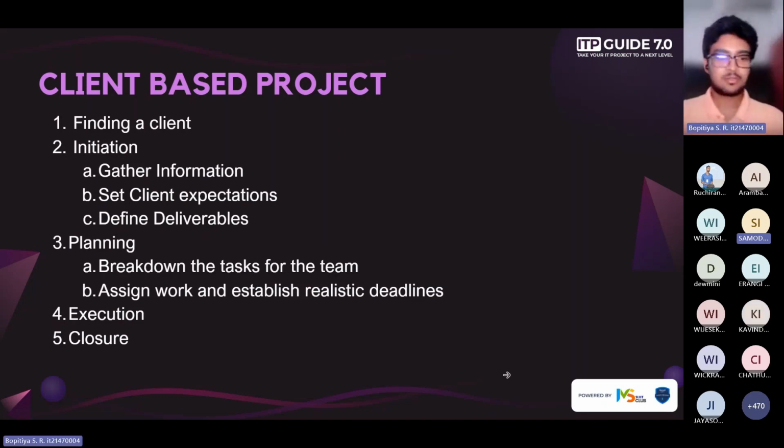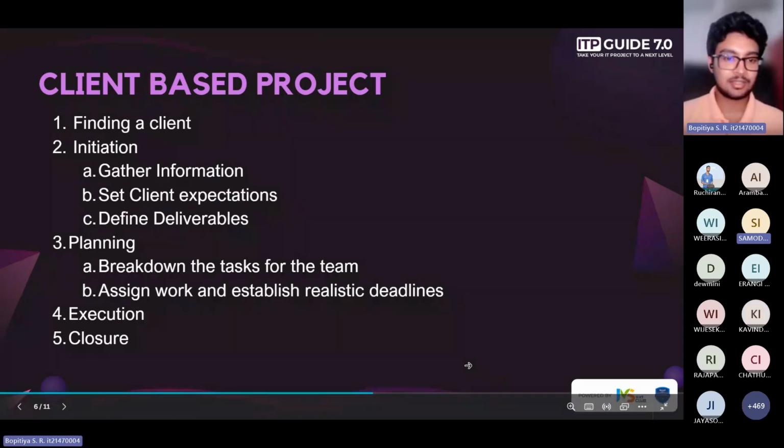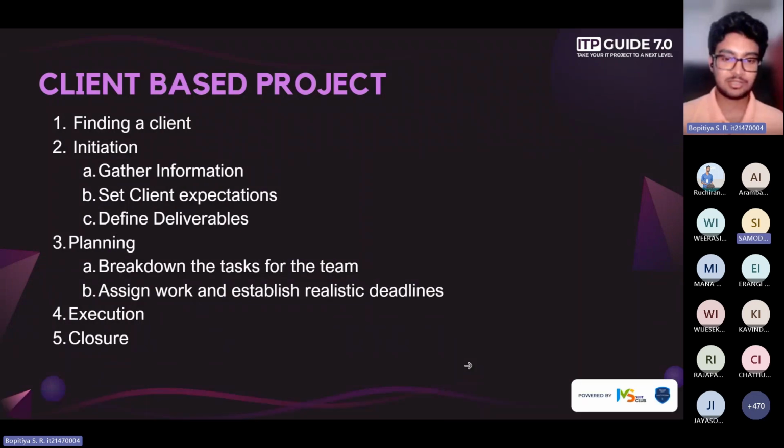Okay. So when I say setting the client expectations, what I mean is when you first find these problems, you need to communicate the solutions to the client. And that way, the client can have some expectations about what sort of project you will be implementing for them. And the third is defining the deliverables.